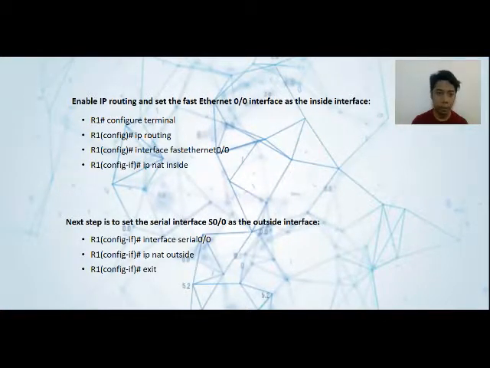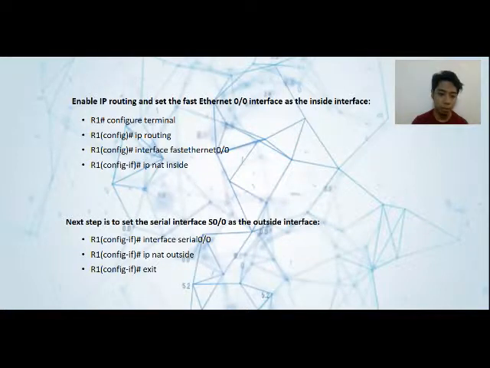First, we enable IP routing and set the FastEthernet 0/0 interface as the inside interface. So the command is configure terminal, where we are already accessing the configuration, ip routing, interface FastEthernet 0/0, and we set it as inside: ip nat inside.